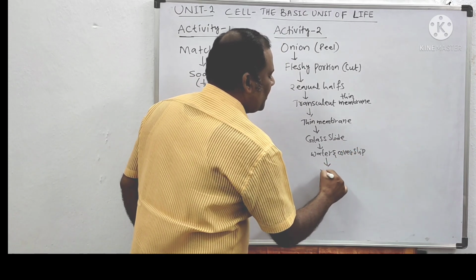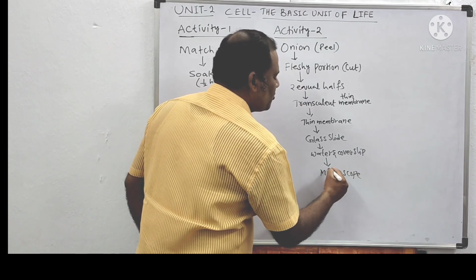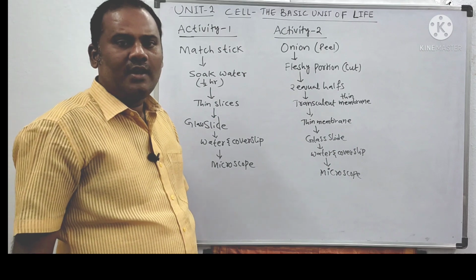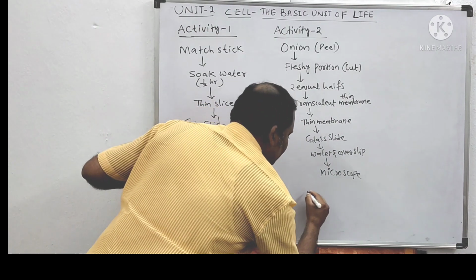Then you can observe it under the microscope. Then you are able to see the onion peel cells. How will the onion cells be?